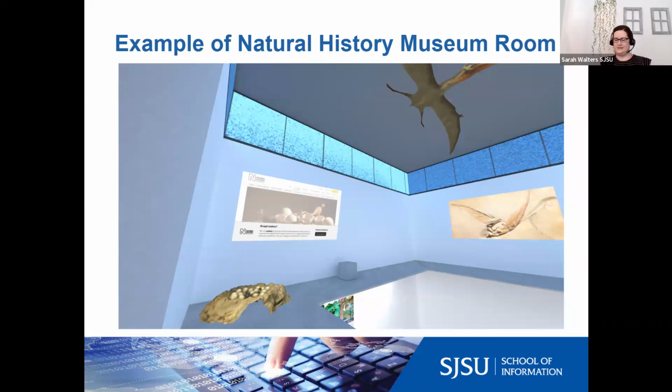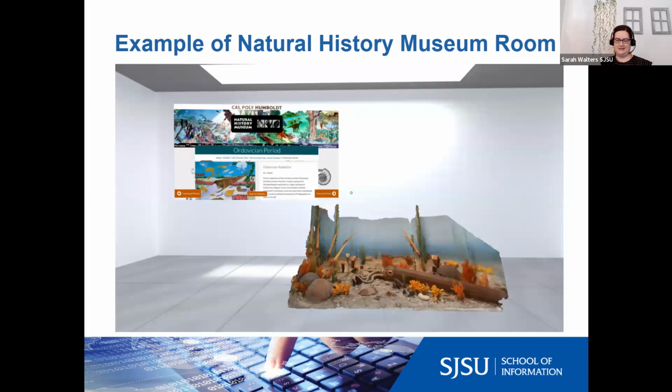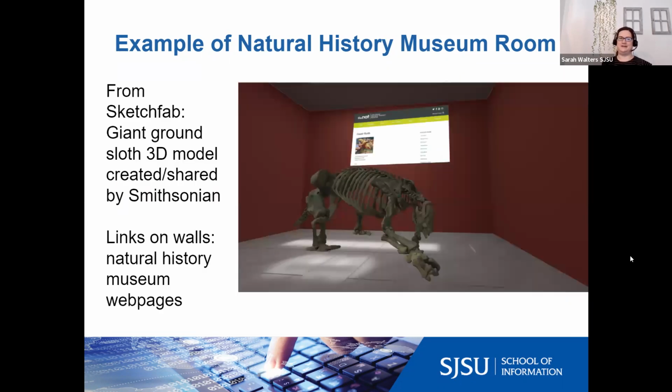And all the 3D models I found on Sketchfab. Next slide, please. That's a diorama model of extinct marine species. And all these 3D models can be resized so they can look like you're actually walking in a natural history museum. Next slide, please.